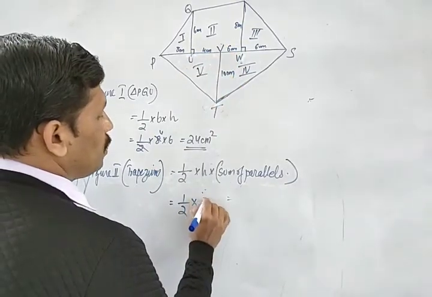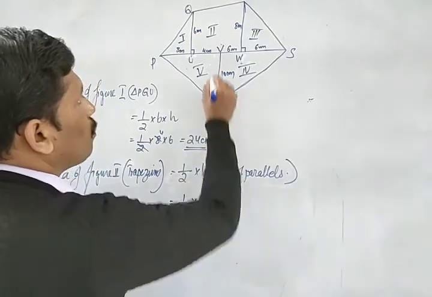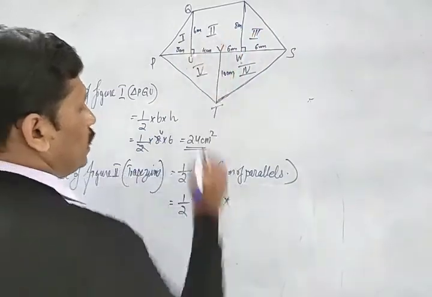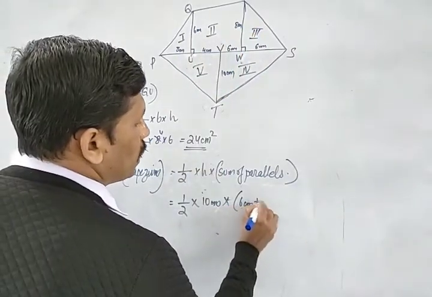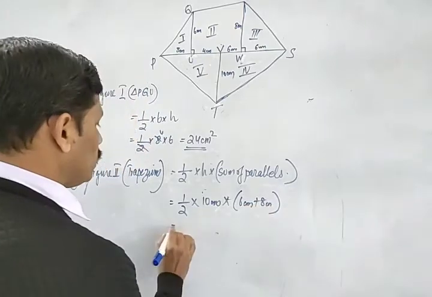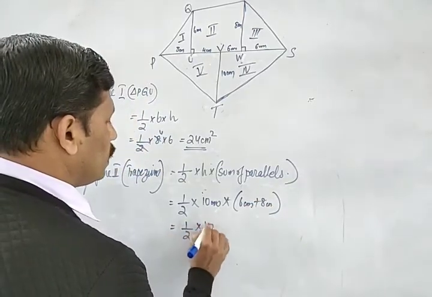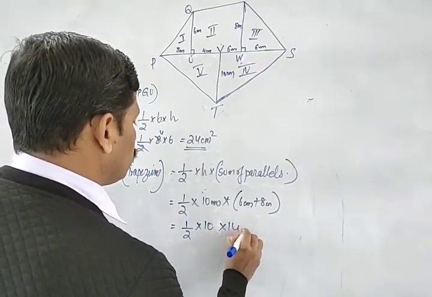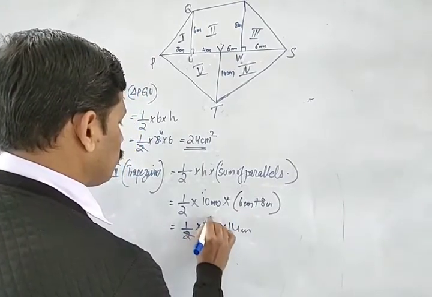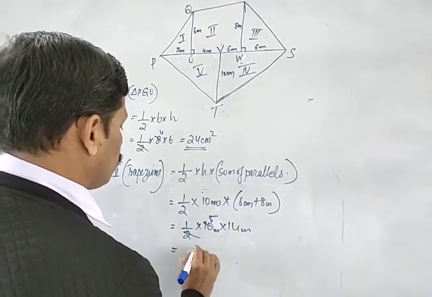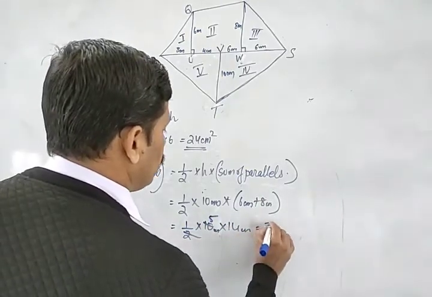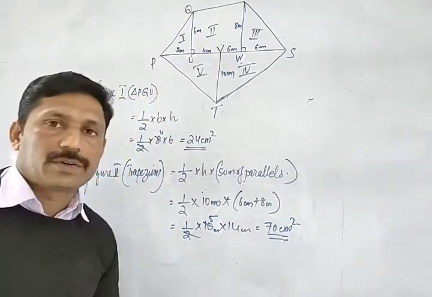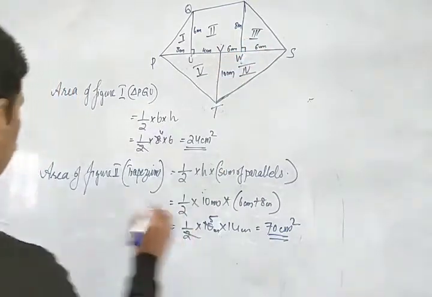Height is equal to 10 centimeter into the sum of the parallel sides. These two are parallel, that means here 6 and 8. 6 centimeter plus 8 centimeter. That's equal to half into 10 into 14. That's equal to 70 centimeters square.